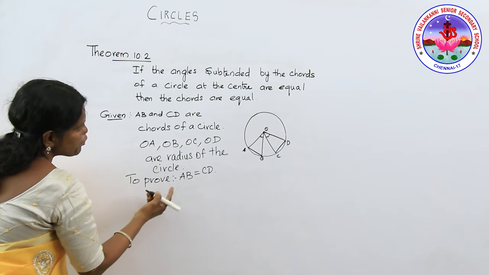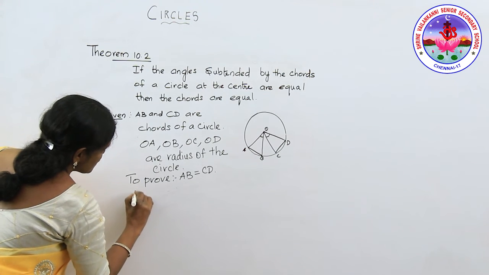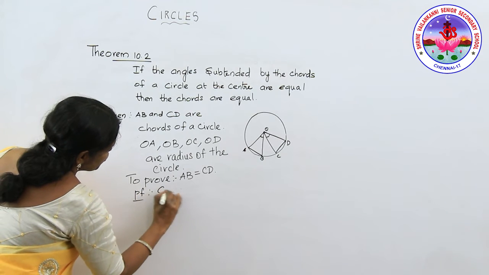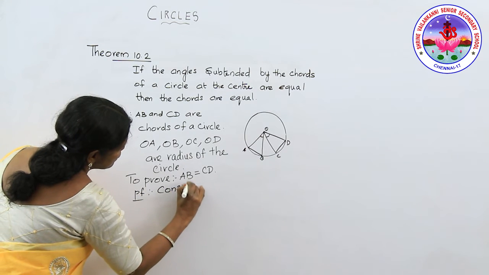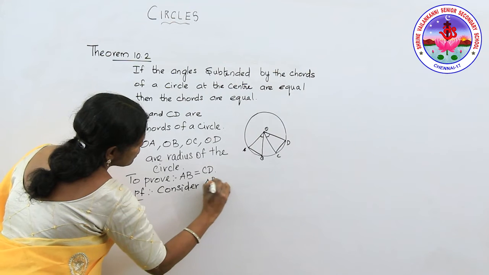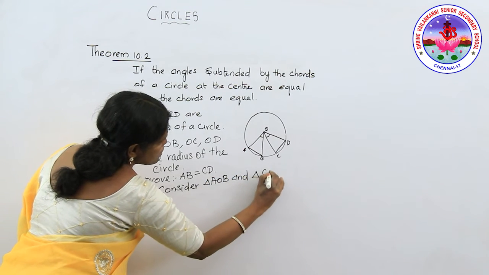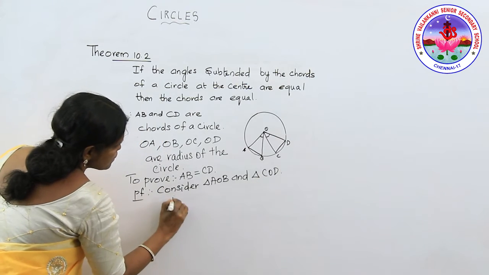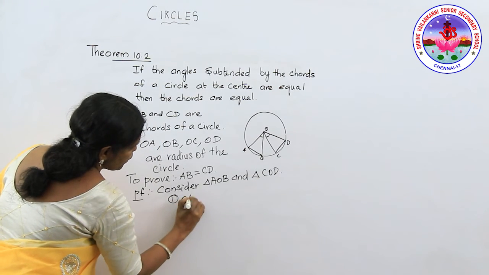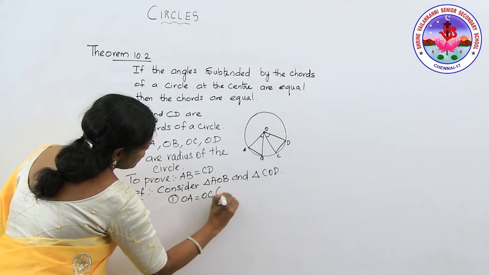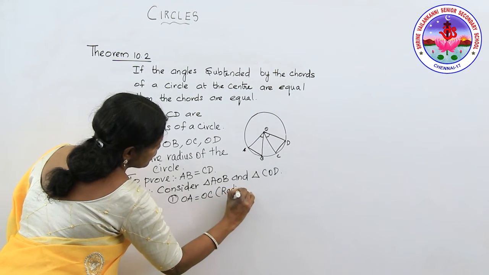So in order to prove my congruence, coming to the proof, consider triangle AOB and triangle COD. The first case, I got OA is equal to OC, radii of a circle.